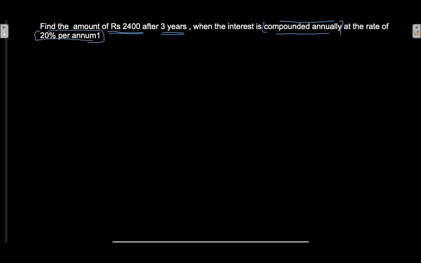Now, when we solve these kinds of questions, the first thing we must do is write the formula. The formula of amount in compound interest is A is equal to P into (1 plus R over 100) raised to the power T. Now, what all do we have?